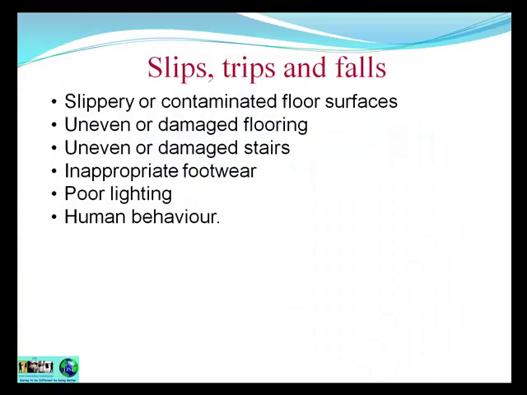Slips, trips and falls. Now if you can remember, this is the biggest cause of injuries in the workplace. And this could be due to slippery or contaminated floor surfaces, uneven or damaged flooring, uneven or damaged stairs, wearing inappropriate footwear, poor lighting, human behaviour, trailing cables.